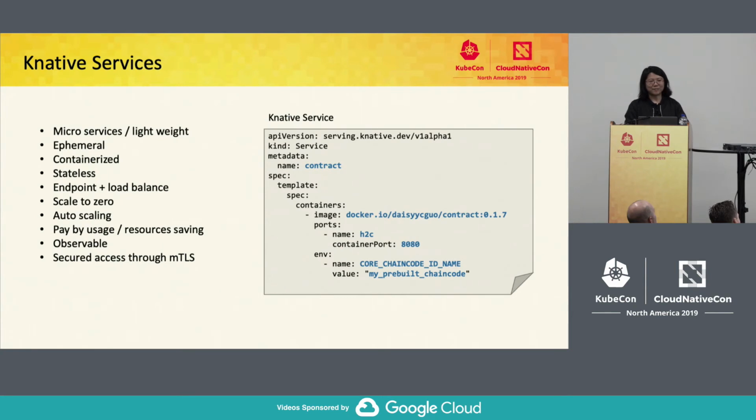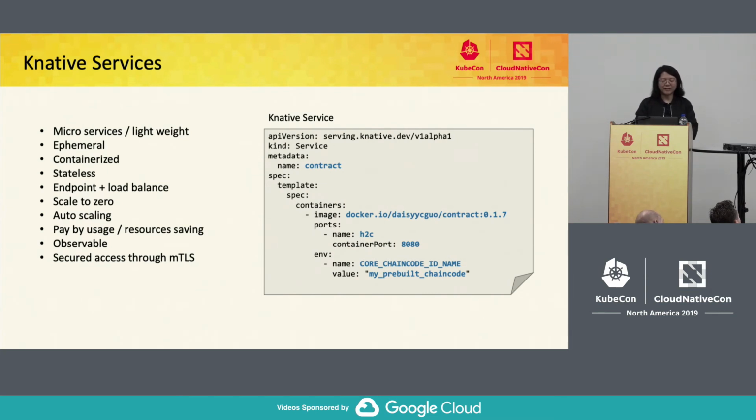There are also some optional parameters such as port and environment. For example, here, because the peer and the contract need a gRPC stream to communicate, we have to define an H2C port.